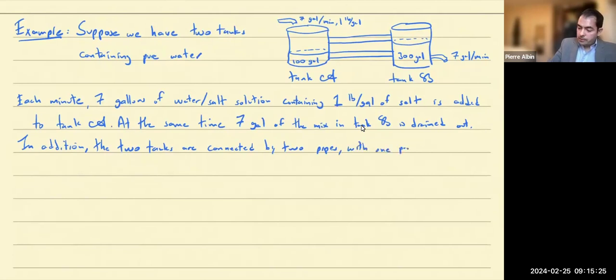With one pumping water from tank A to tank B at a rate of 10 gallons per minute.